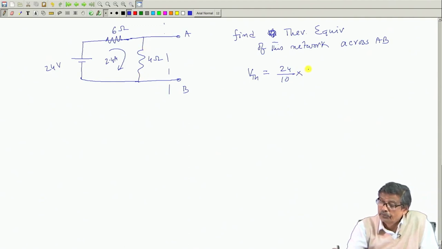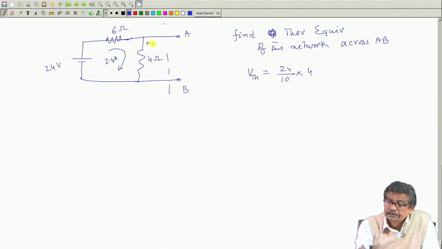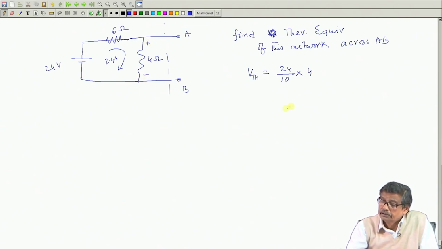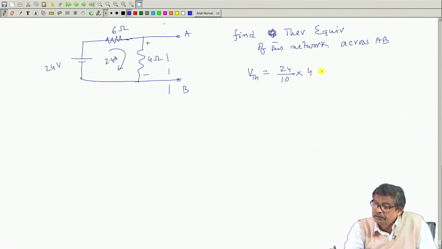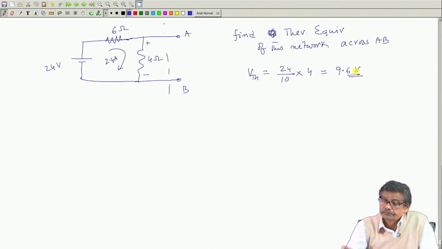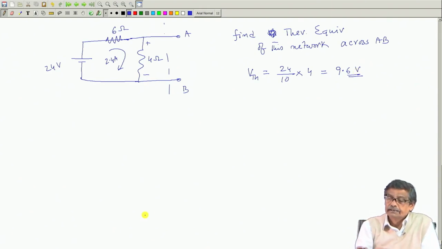So, into 4, this will be the voltage, with this plus, this minus. So, how much will it be? 2.4 into 4, 9.6, is it? 9.6 volt. That is the one thing.